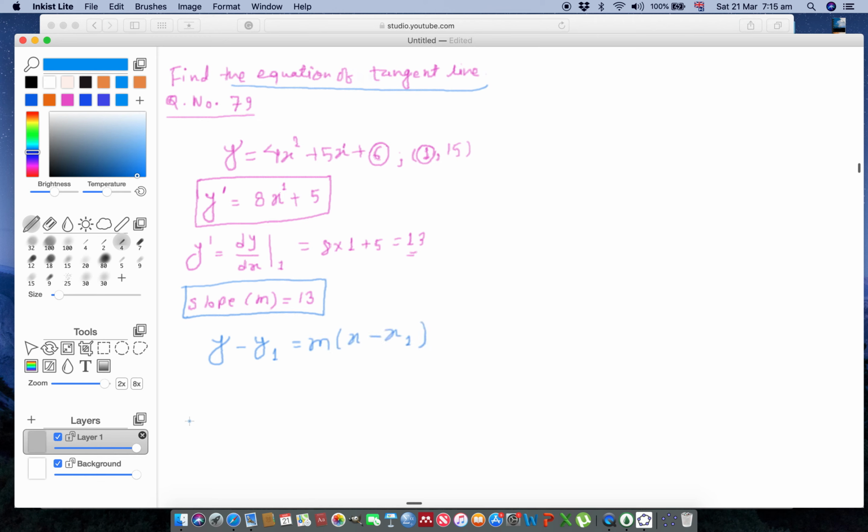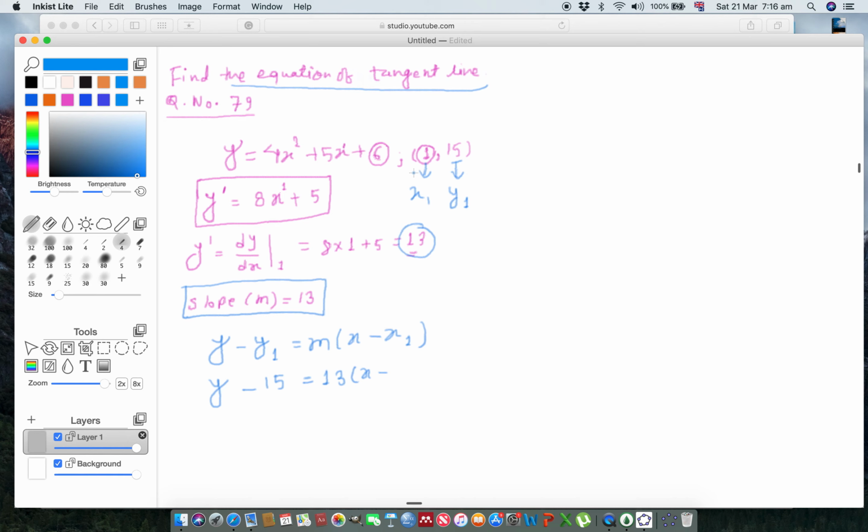Here we can see this is x1 and this 15 is y1. So y minus 15 is equal to the slope we found, that is 13, times x minus x1. What is the value of x1? We can see x1 is 1.